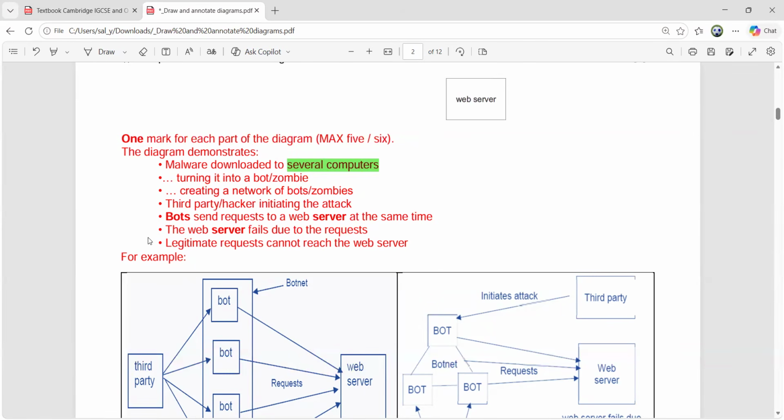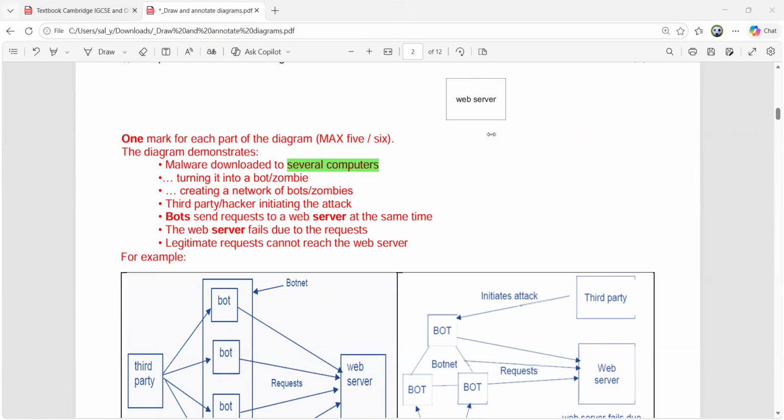Bots are going to send the requests to the web server at the same time, or in other words, they are going to bombard the server with unnecessary traffic. The web server fails due to the requests, and legitimate requests are not being processed because of a lot of requests coming from different sources. The legitimate requests will not be entertained, and that is the problem with DDoS.